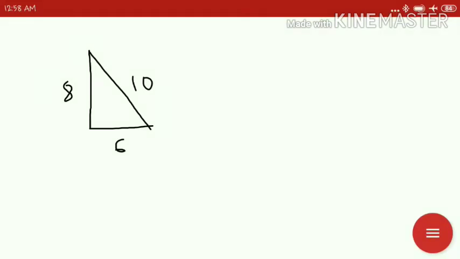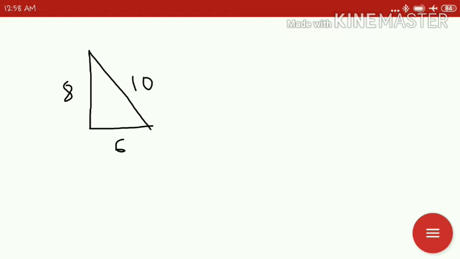Already I have mentioned such things in the theory part at the very start of the video, where I told you about the concept of the cone: a cone is formed when the right angle triangle is revolved about its base or the height. Here it has been revolved about the side of 8 centimeter, so I have taken it as the height. You can take it as the base also, but then you have to turn it and mold it into the other shape.